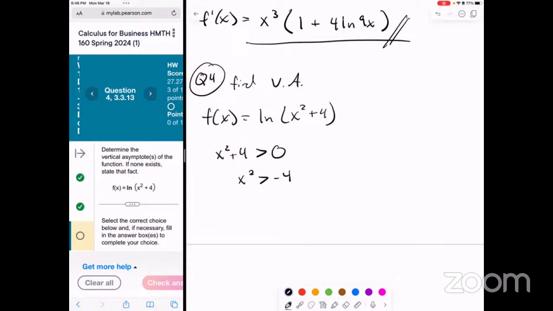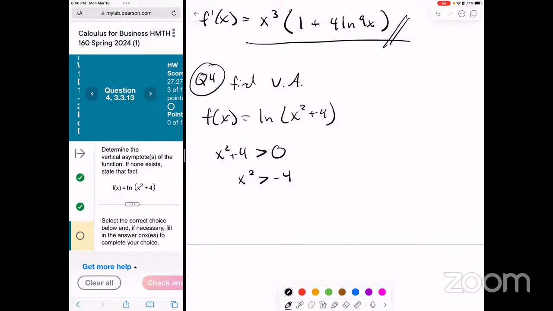That's always, let me see. Log function. So when is that above 0?